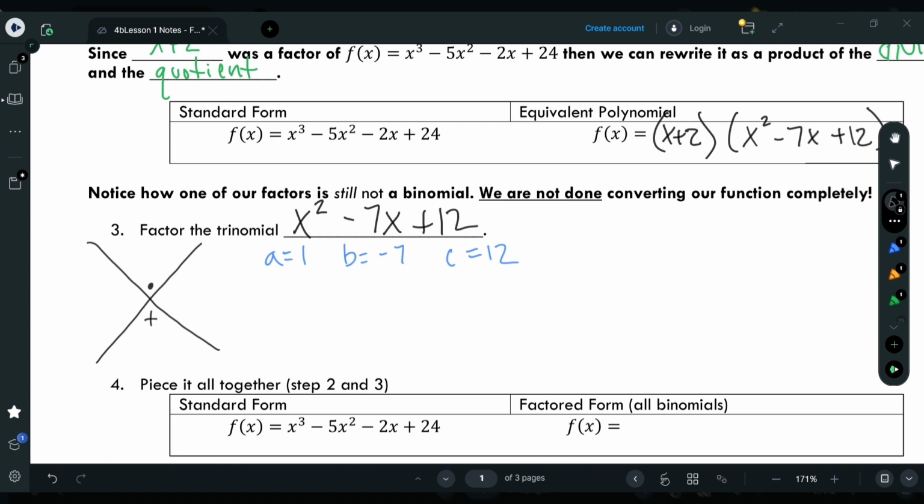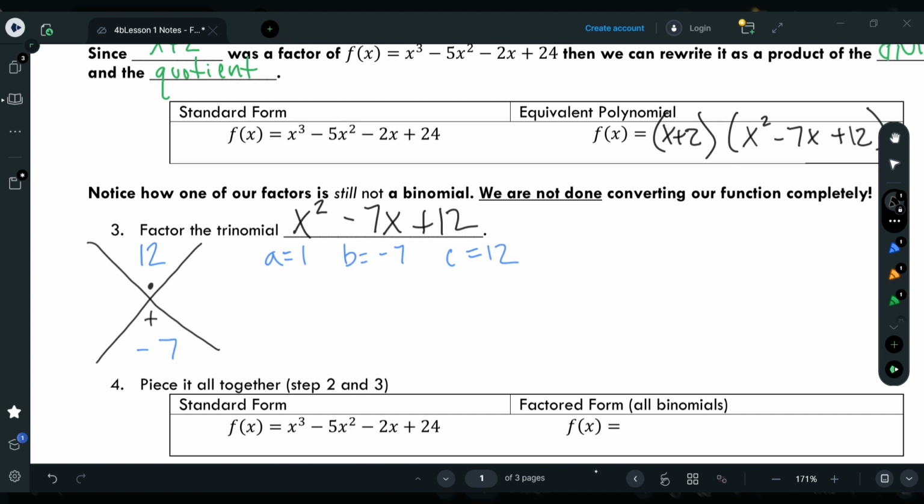Put the a times c on top, so 1 times 12 is a 12. That goes on the top. Put our b value on the bottom. And we need two numbers here that multiply to make a 12 and add to make a negative 7. Okay, well, here's the thing.